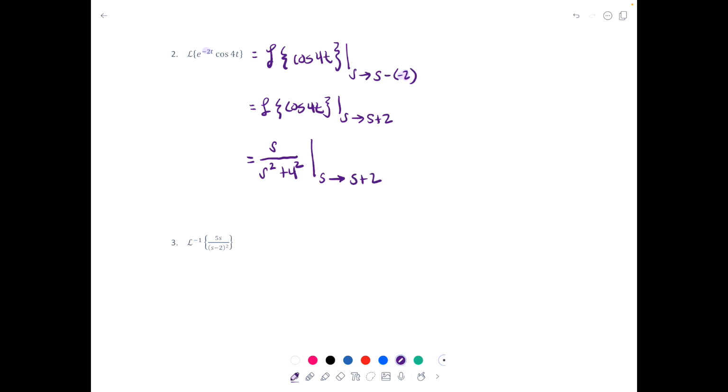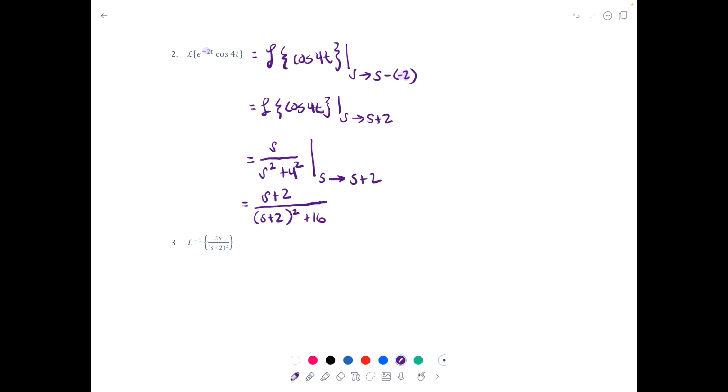So then, replacing s with s plus 2, we'll have s plus 2 over s plus 2 squared plus 16. And sorry, I'm going to move this up just a wee bit. So our next problem fits nicely.